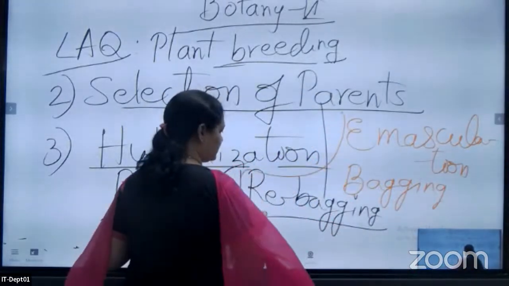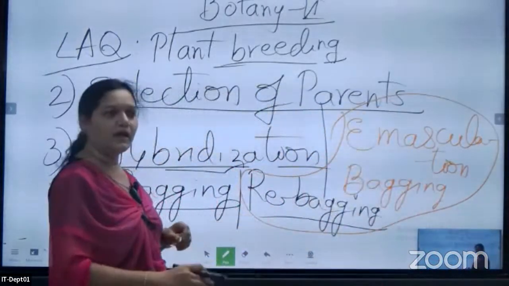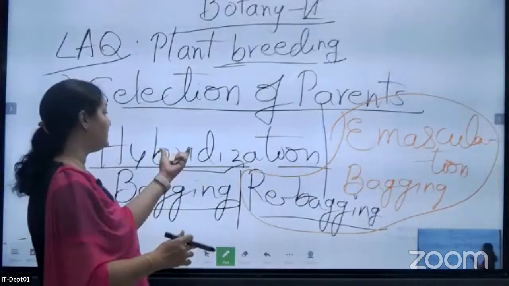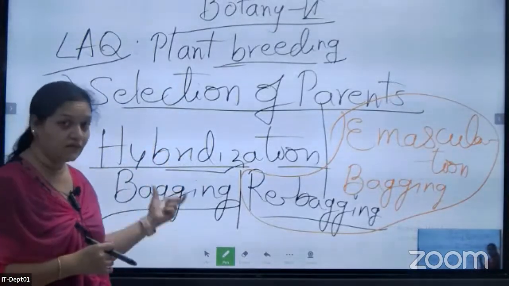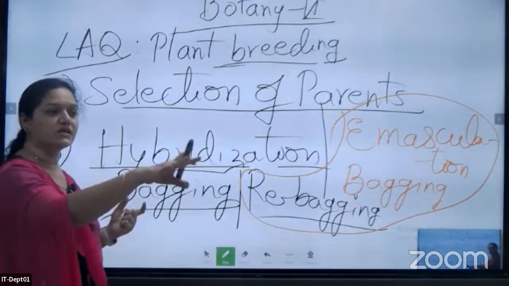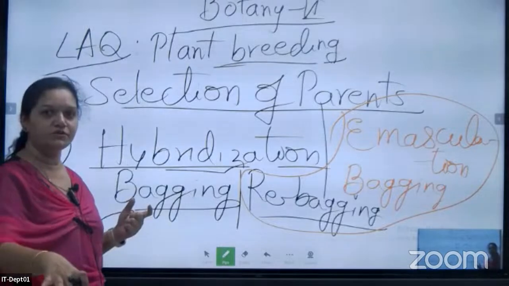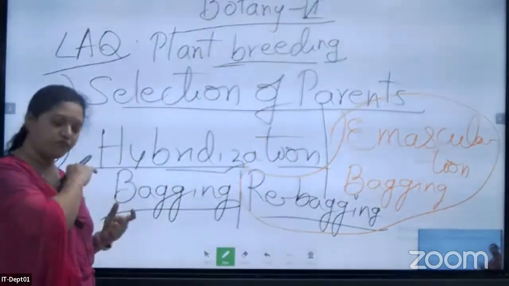These three words need to be written and underlined whenever we write the hybridization process, so that the person correcting our answer will know that yes, we mentioned this process. Then it is easy for them to correct, and we will get full score.